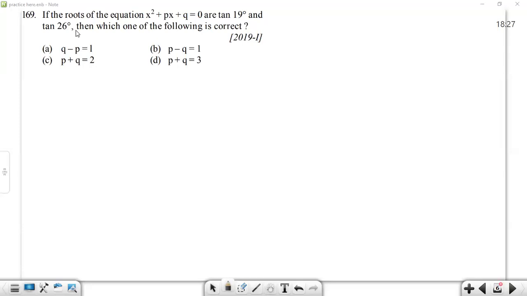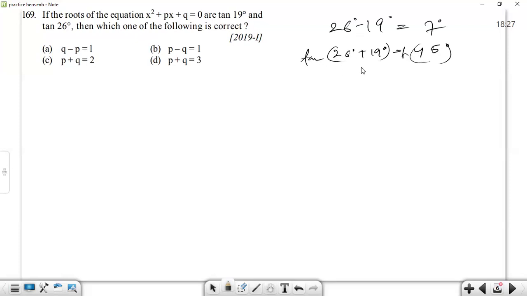So before proceeding, try to understand the relationship between the given angles. 26 minus 19 is what? 7. 26 degrees plus 19 degrees is what? 45 degrees. Yes.